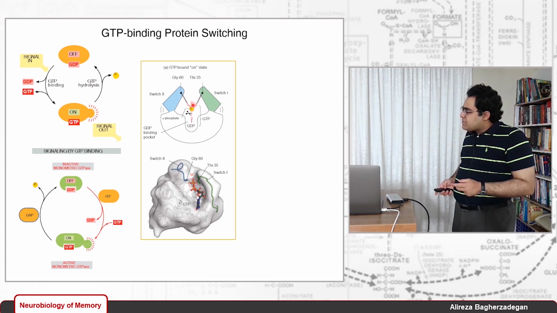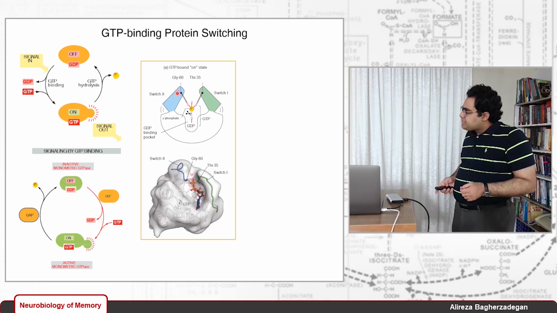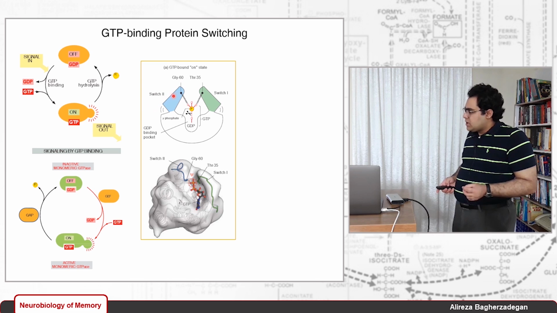This gamma phosphate, which is the last phosphate of guanine's triphosphate, is forming bonds with an amino acid in switch 2, which is glycine 60, and also with threonine 35 of switch 1.